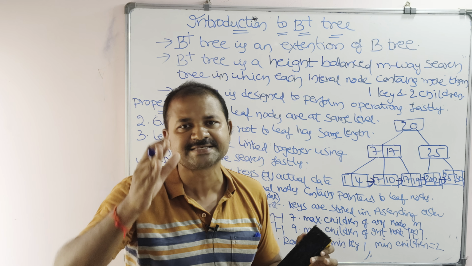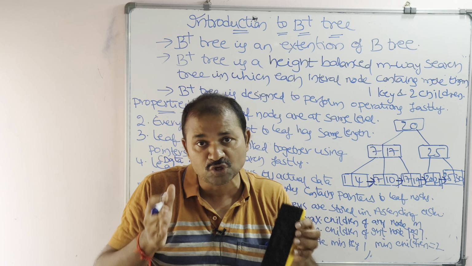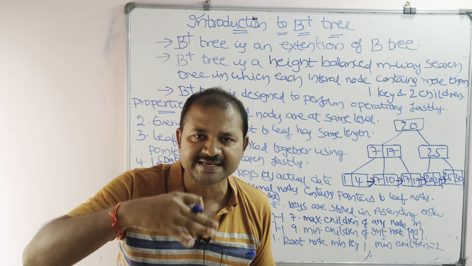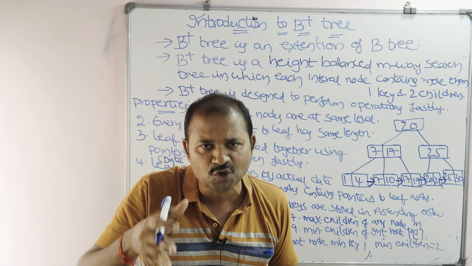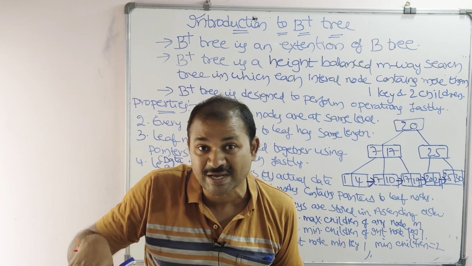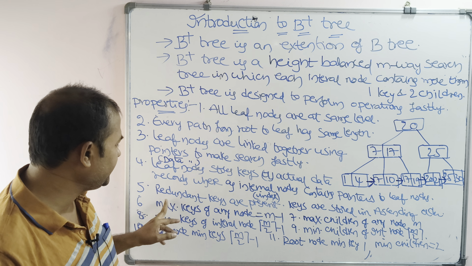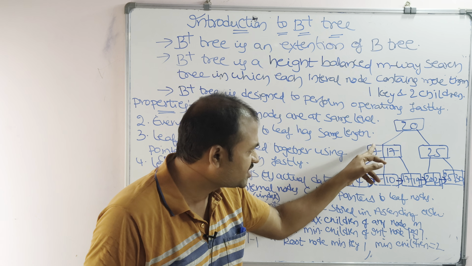So here the point is, the leaf node can also be called a data node. Leaf node stores only the keys or data records, whereas the internal node can also be called an index node. Internal node stores pointers to the leaf node keys. Next point, redundant keys are present. If you see here we have 7, 7.